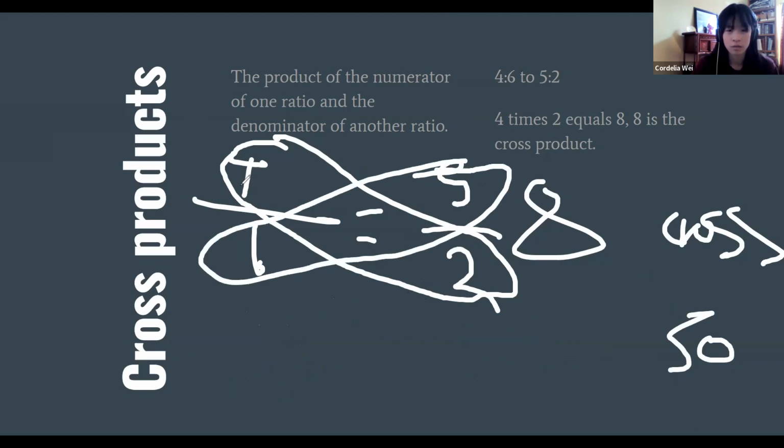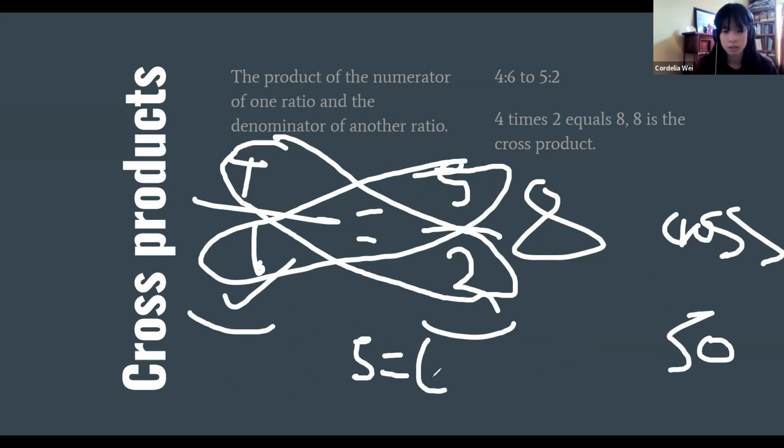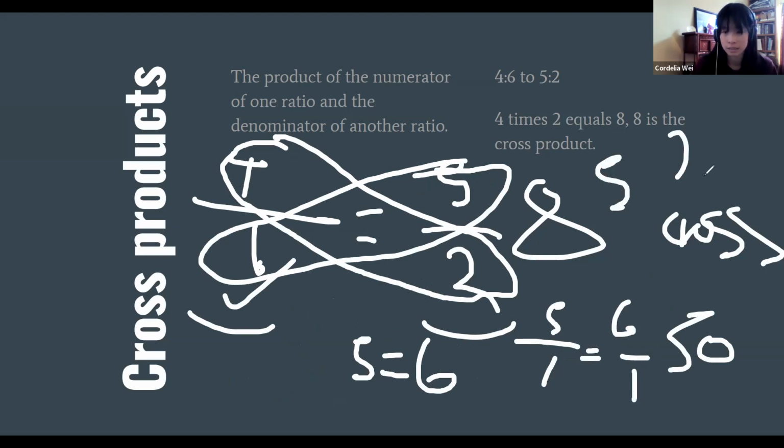So when you're comparing two fractions to each other like this and this, there's always only 2 cross products. So basically when you're comparing 5/6, that's also a fraction because it would mean 5/1 to 6/1. And so the cross products would just be 5 and 6.